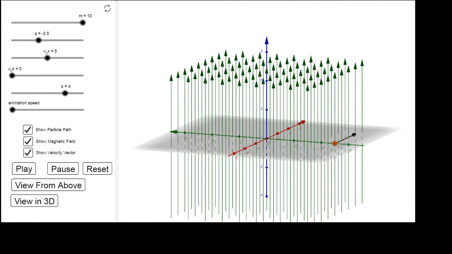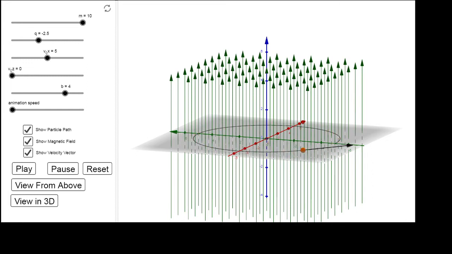Let's see what is going to happen with a negative charge entering this magnetic field. As we saw before, using the right hand rule or the vector product, we have a magnetic force pointing in the positive direction of the y-axis, represented in green in our drawing. Let's see what is going to happen here.